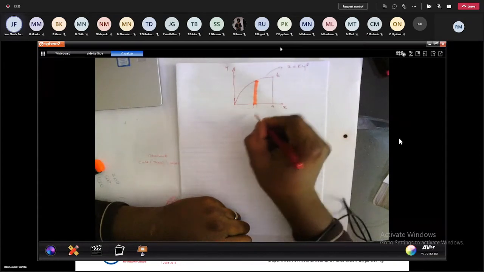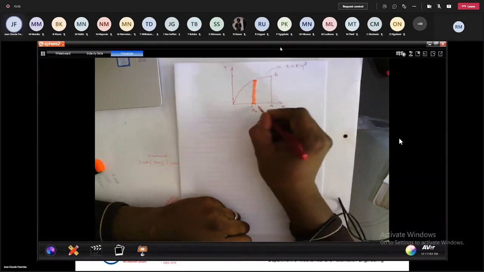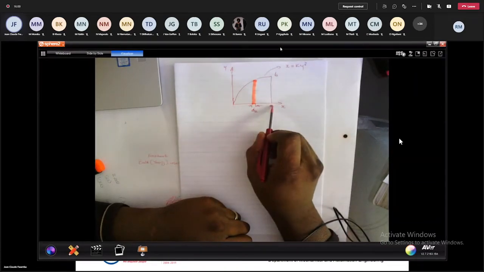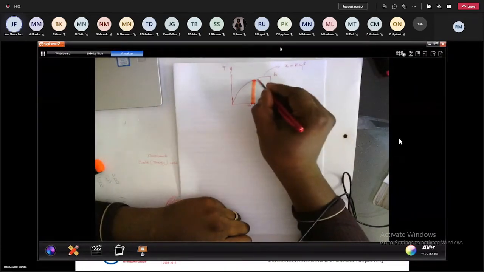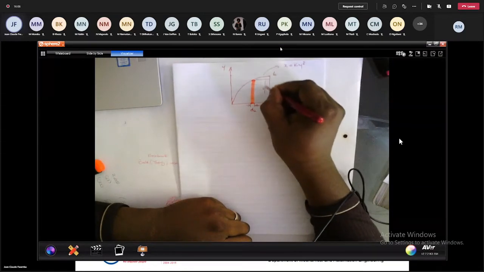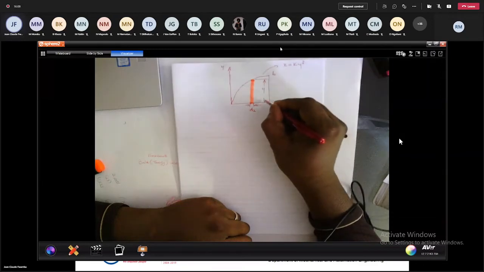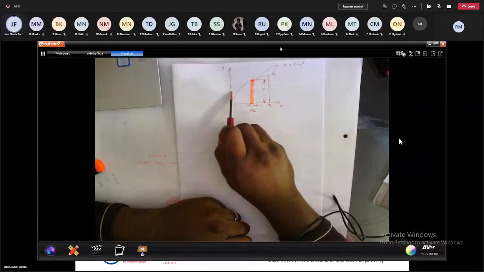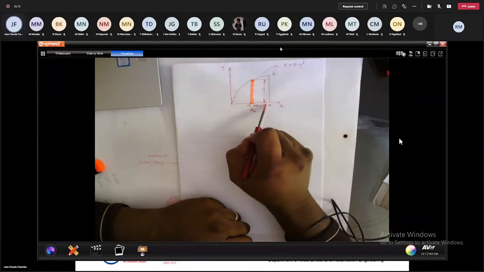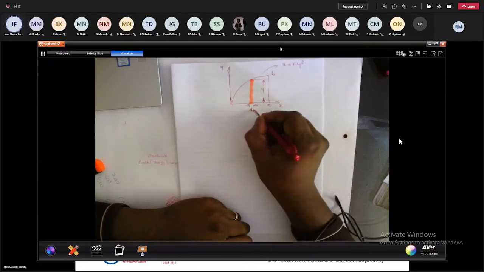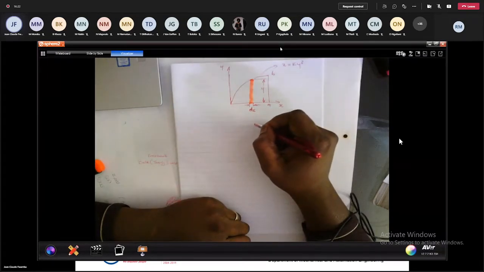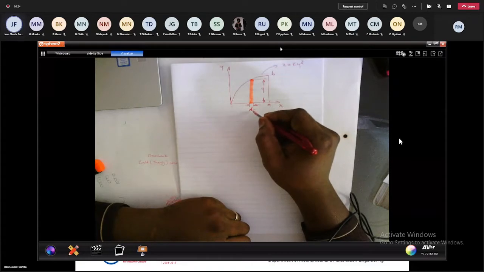My thickness will be dx, because it sits on the x-axis. The length of my stripe, I'll call y, because it is parallel to my y-axis. So y and dx are the length and the thickness of my differential area.